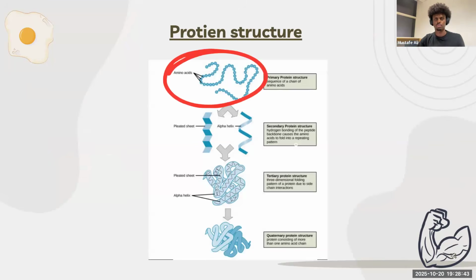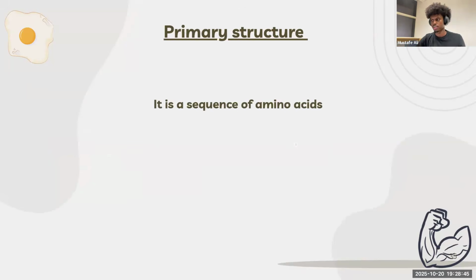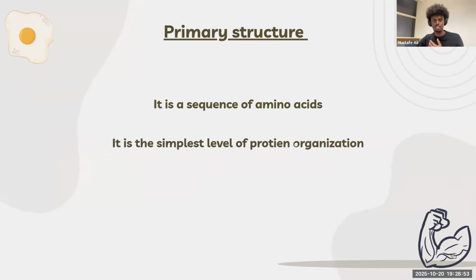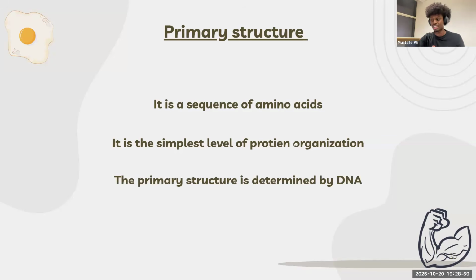Now, let's start off with the primary structure. The primary structure is defined as a sequence of amino acids, and it is the simplest level of protein organization. The primary structure is determined by DNA, or in other words, our genetic material.